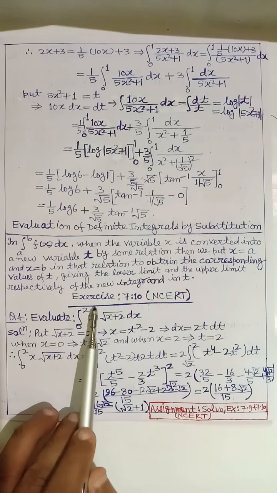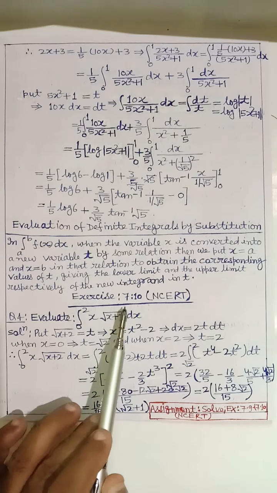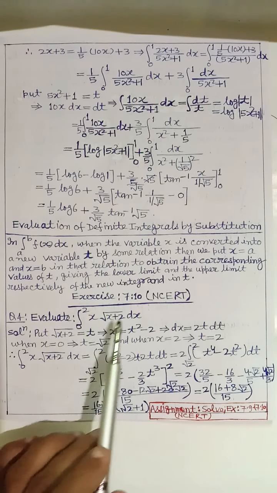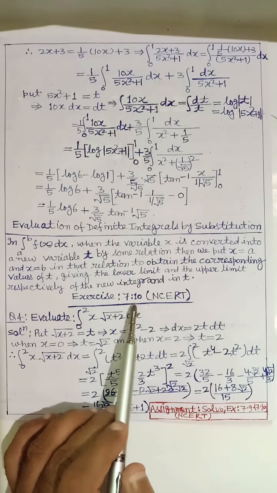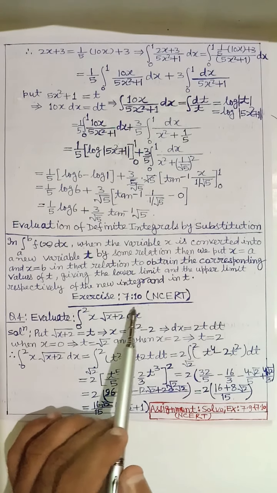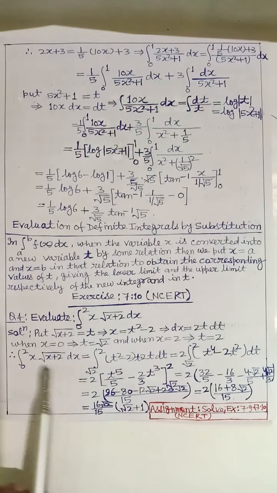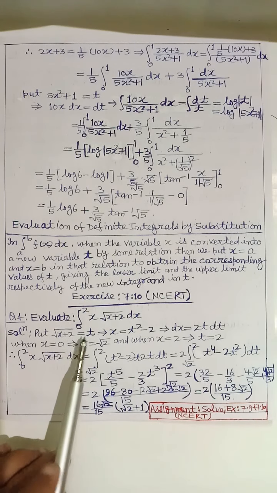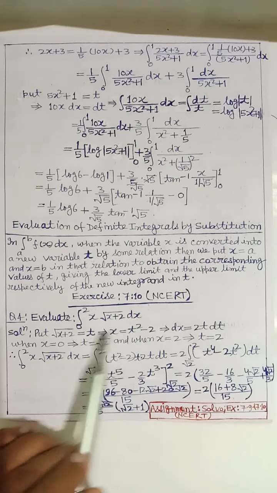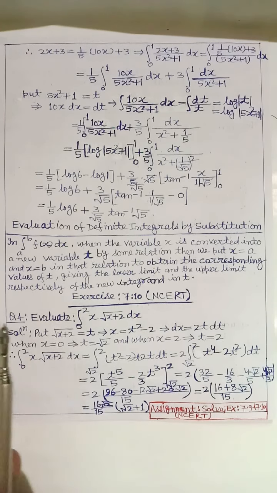Here we take one question and solve using substitution method. Here 7.10, this is an exercise from NCERT. Evaluate integral of x into square root of (x plus 2) dx from 0 to 2.